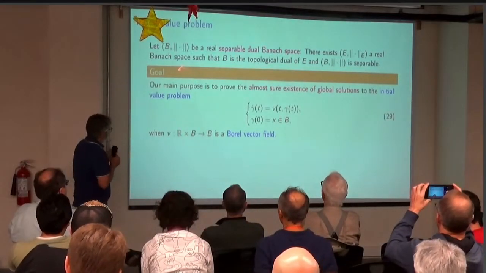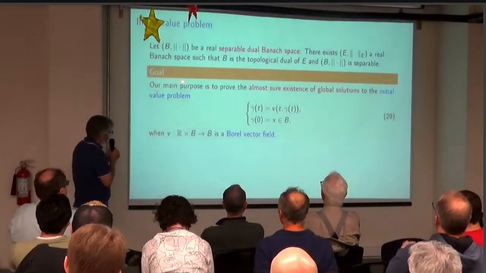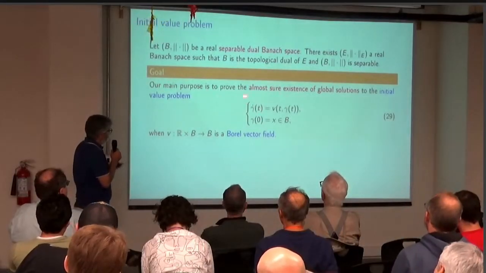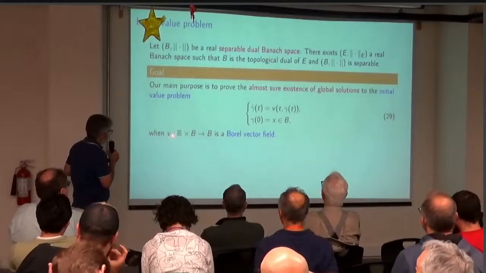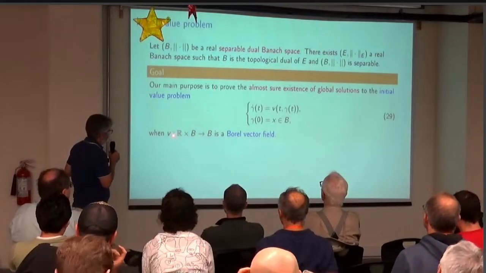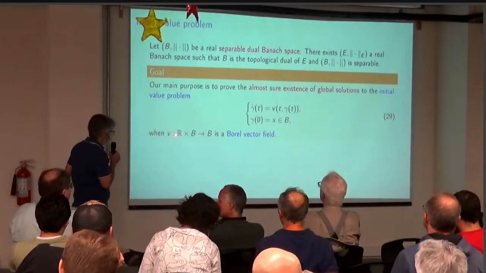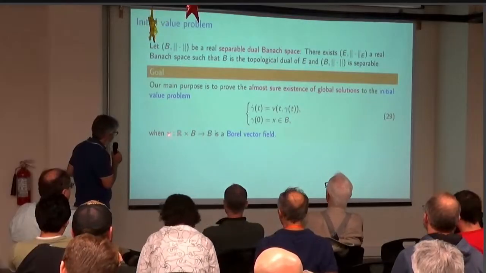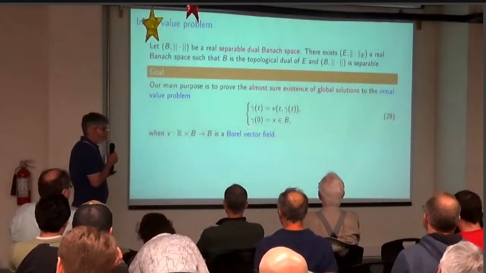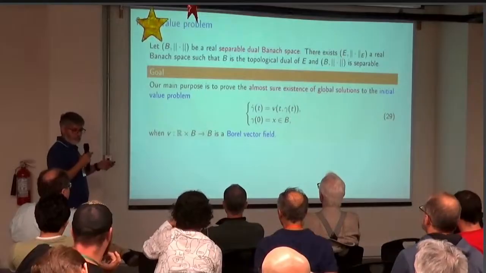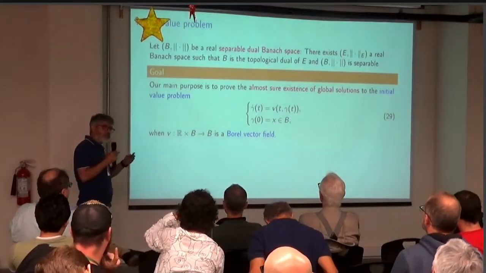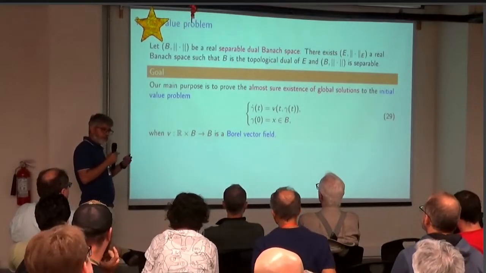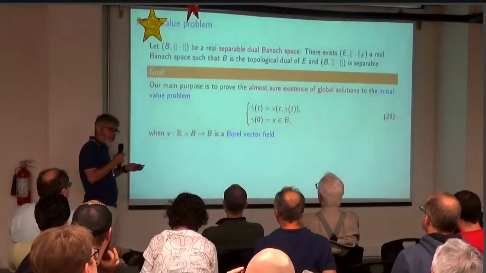Then we raise the following question. Take any vector field, not necessarily time independent. It could be, for example, time dependent, and it is not necessarily continuous, nor Lipschitz. So all the possible techniques for building solutions are not available in some sense.